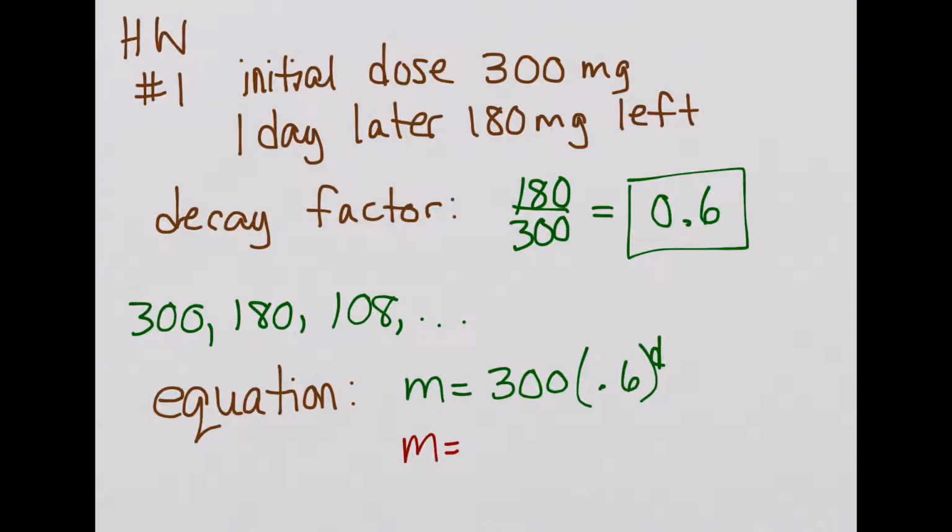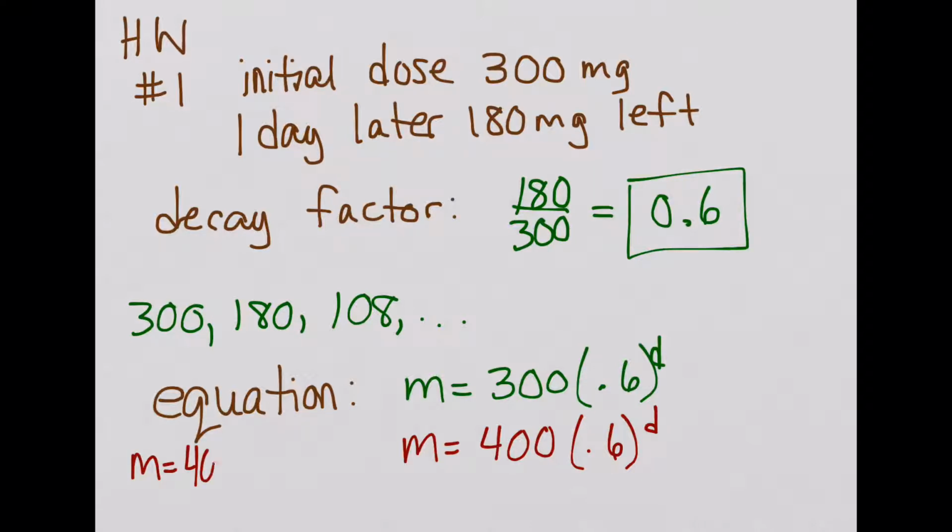It does not. You would still just, or would it? Well, I guess it depends on how you interpret this question, because if you took a 400 milligram dose and you're assuming it's the same decay factor, then you would have 0.6 to the D power. But if you took a 400 milligram dose and there were only 180 milligrams left after 1 day, you would have had a different decay factor.